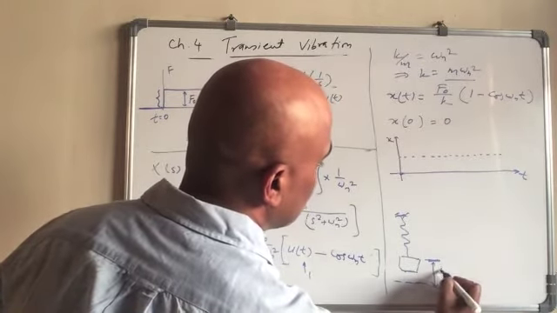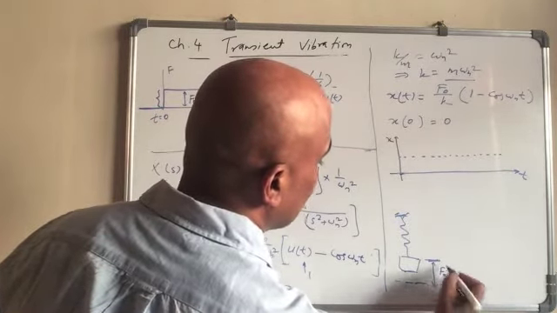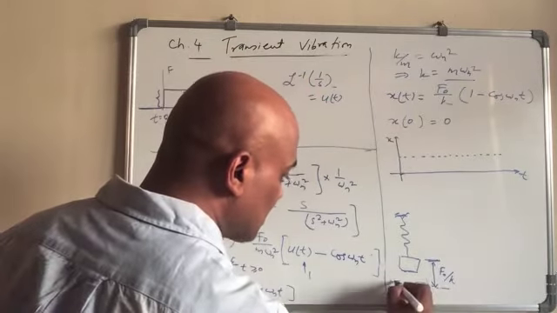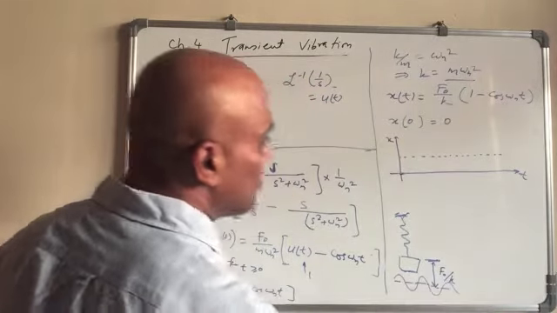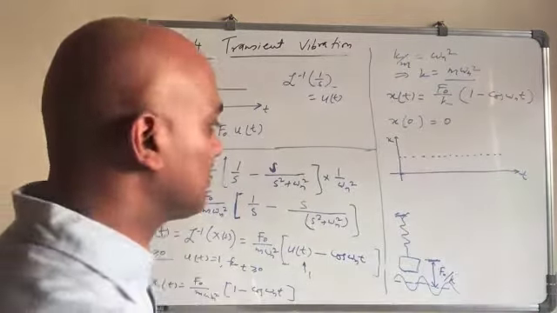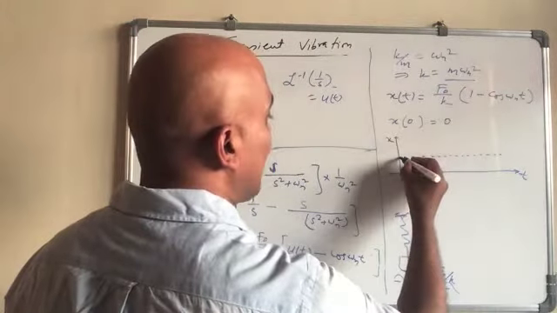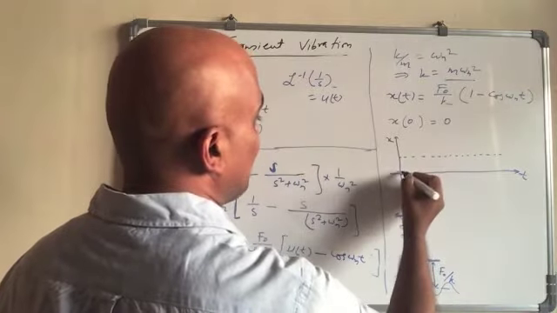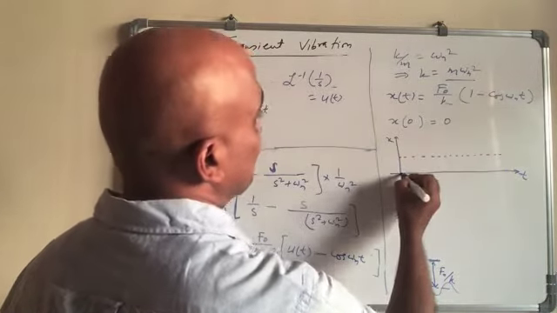So this will be F naught over k, and about this point now the sinusoidal displacement will start. And at this point, this is 0.